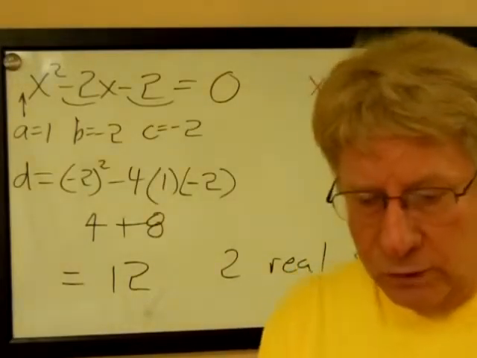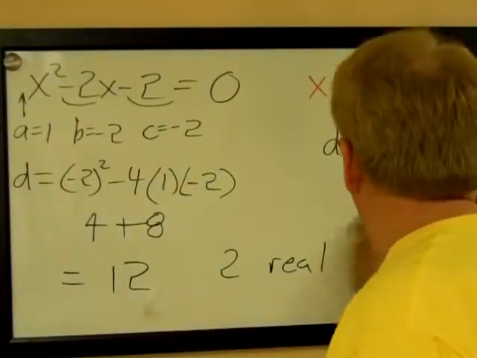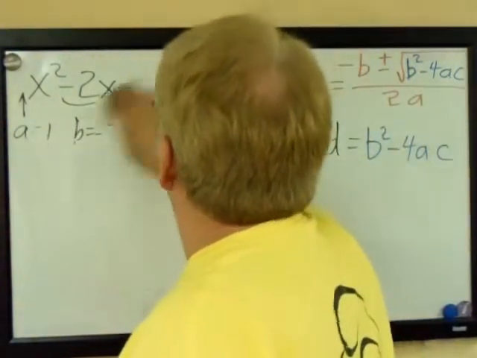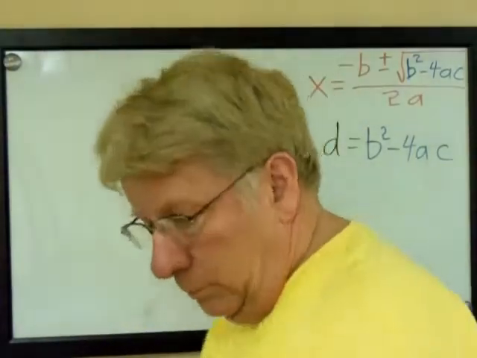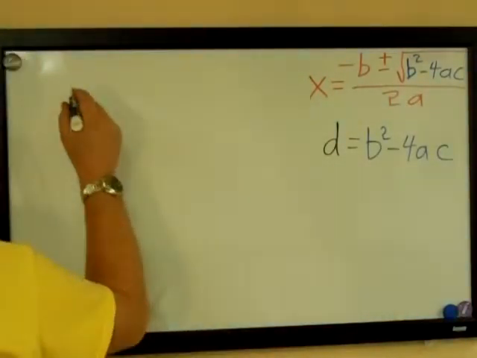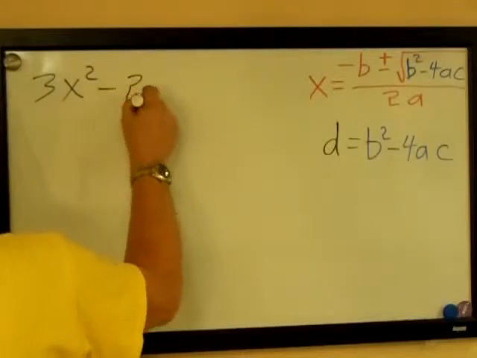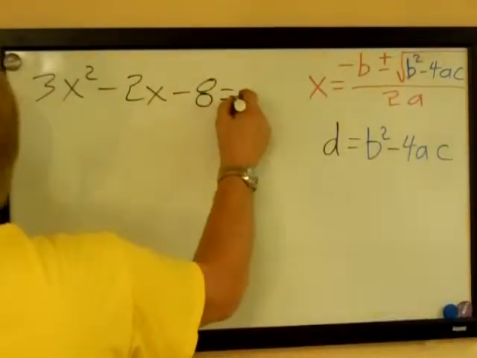Okay, so let's try a second example. And this one, we'll use 3x squared minus 2x minus 8 equals 0.